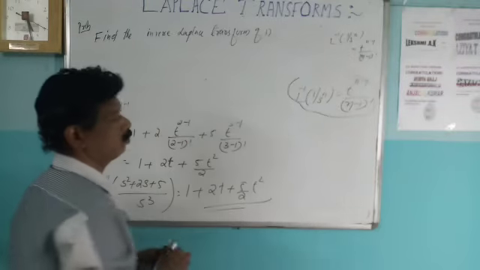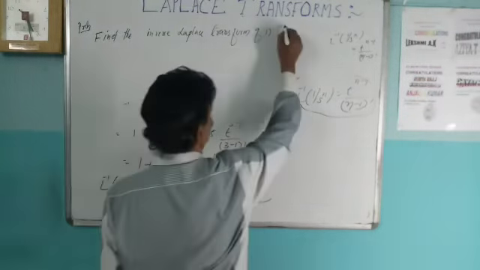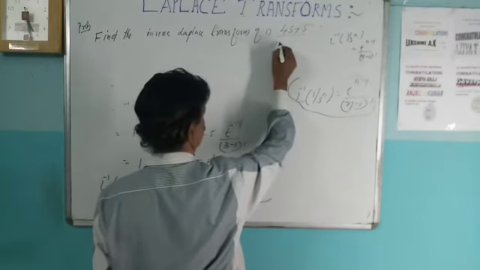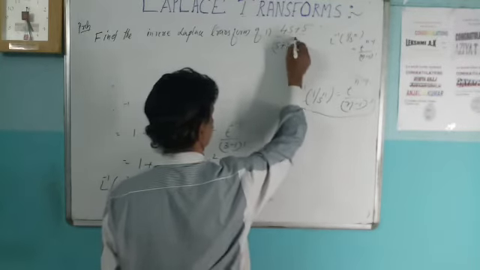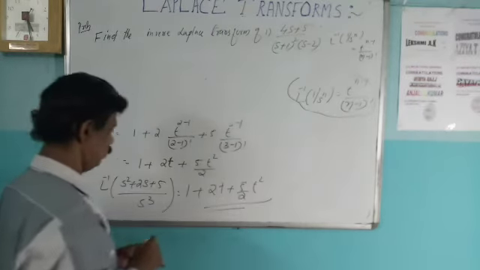Next, read the second question. Find the Laplace inverse transform of (4s + 5) divided by (s + 1) the whole square into (s - 2).